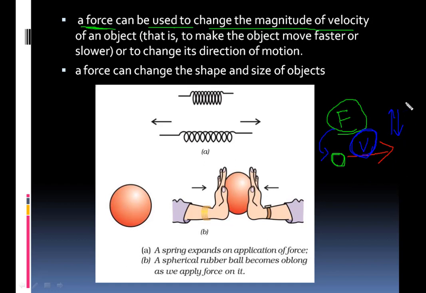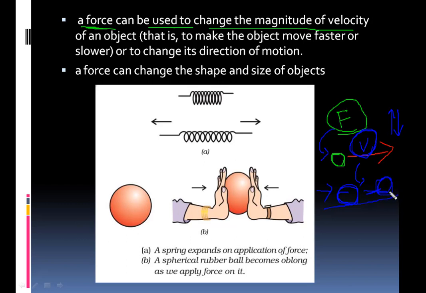Let me give you one example of this. Now suppose you have a football. One of your friends kicks the football lightly. Now the football is moving slowly, it is just rolling on the plane. Again you come running and kick the football very hard.